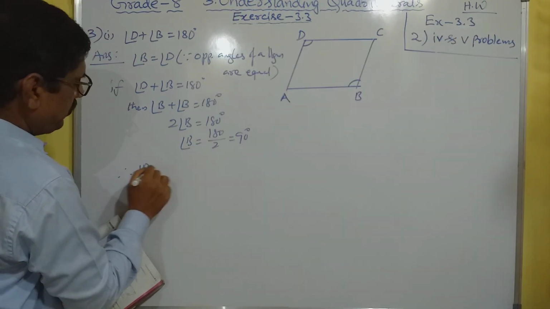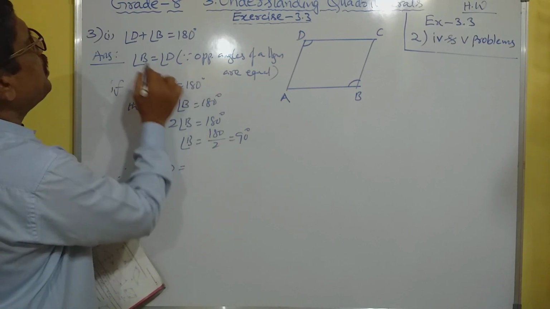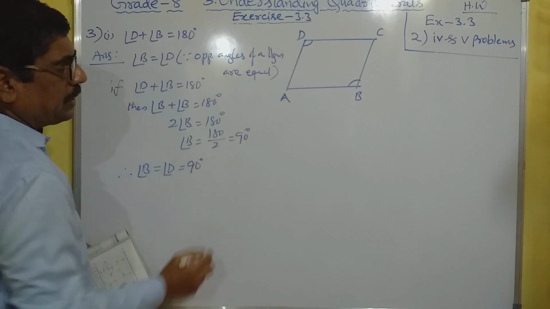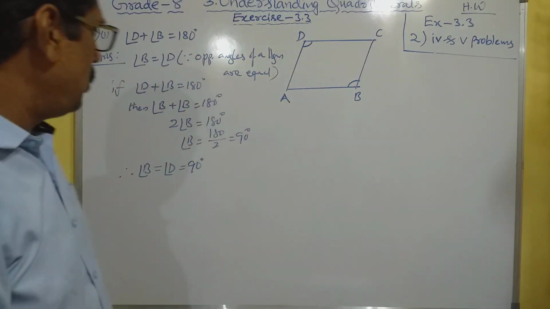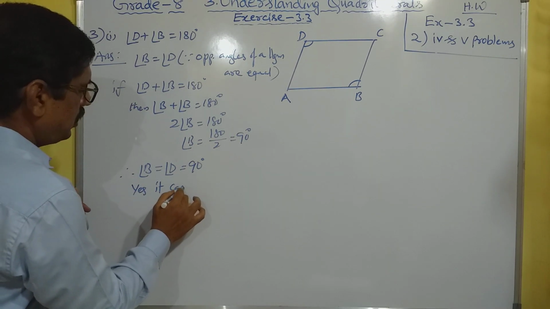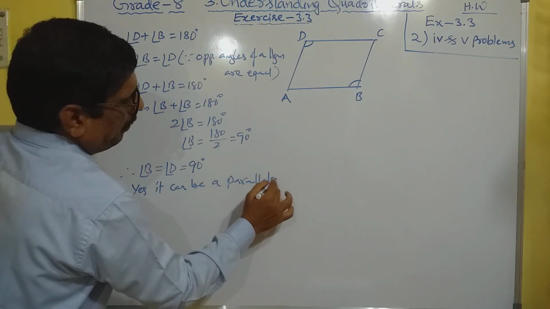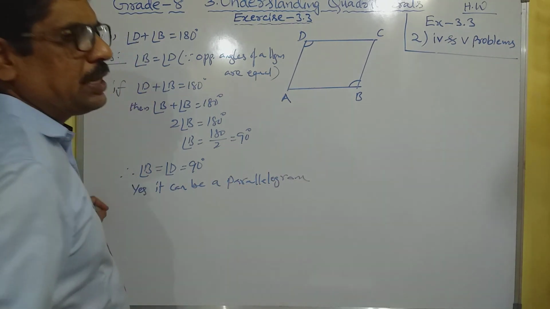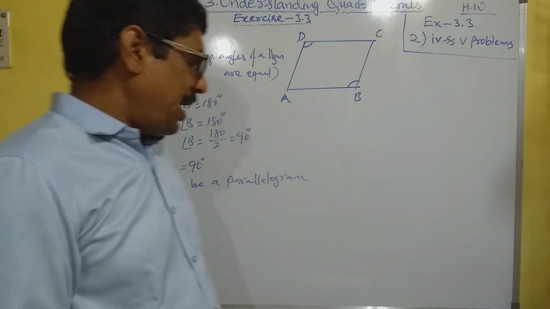Therefore angle B is equal to angle D, and they both will be 90 degrees. So it can happen. Yes, it can be a parallelogram, because a parallelogram in which each angle is 90 degrees is a rectangle.